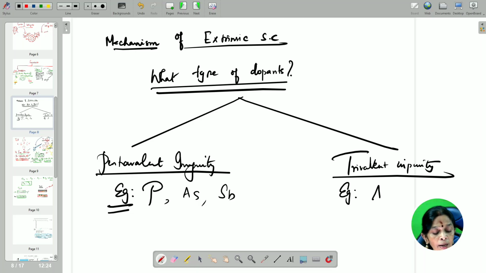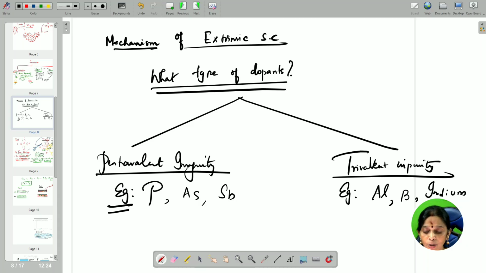Examples: aluminum, boron, indium. Okay, let me write it. So all these are trivalent impurities: aluminum, boron, indium.